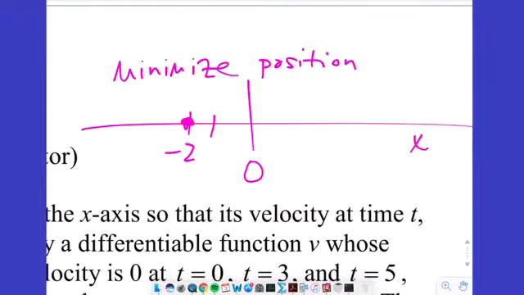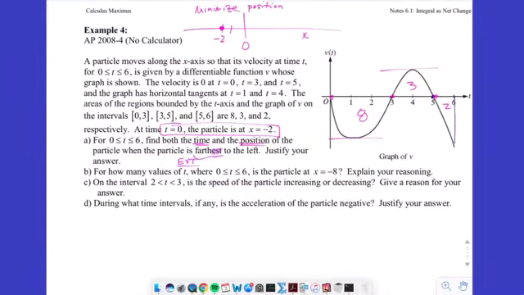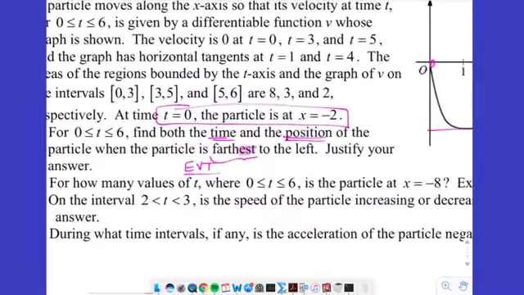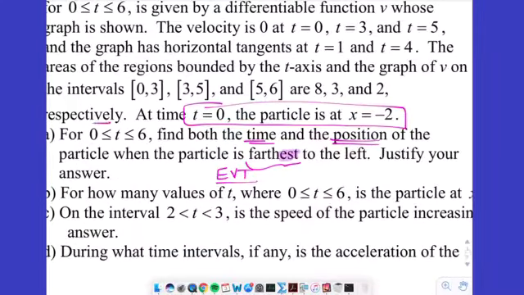That would be maximizing position. So that's farthest right. So on the EVT, which is extreme value theorem, remember, where can the absolute, in this case, minimum occur? At one of 2 different places, either at endpoints, which are 0 and 6, or critical values.